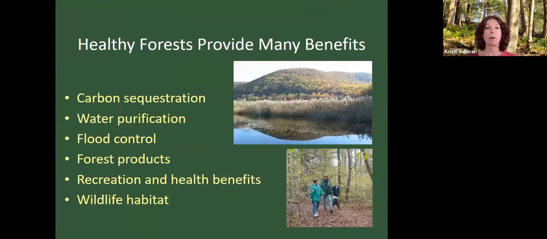And just to give an overview of the benefits of forests, healthy forests provide many benefits to us, carbon sequestration being one of them, water purification is another, controlling floodwaters and slowing the waters, producing forest products, things like maple syrup and lumber for building and construction and many other products, and also providing us with places to recreate and some health benefits too, both mental health benefits of being outdoors in nature and also the physical health benefits of getting exercise outdoors. And forests also provide wildlife habitat.